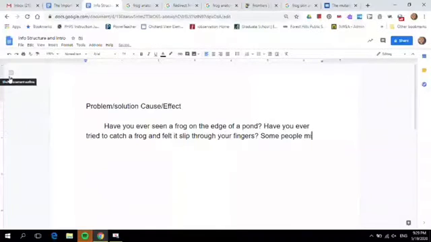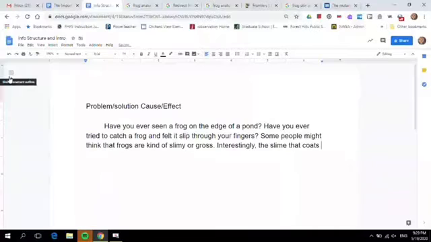Some people might think that frogs are kind of slimy or gross. Interestingly, the slime that coats the frog's skin is super beneficial for their survival.